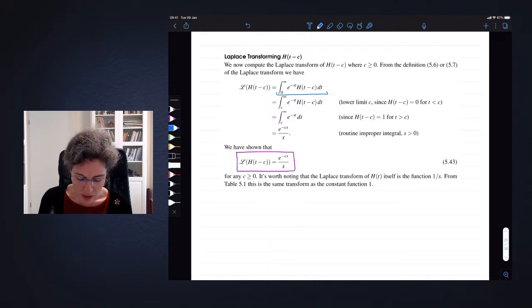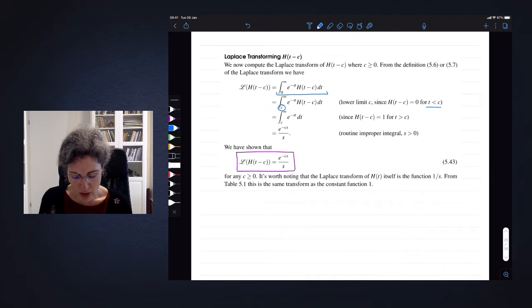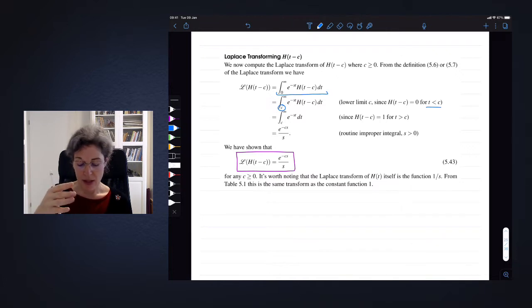The first thing we can notice is that we know that our Heaviside function is going to be 0 for times less than c, because we've shifted it to c, and so anything less than c is going to be 0. So the first thing we can do is we can change our lower limit to c, and that will, so it might be that c is positive, in which case it will kind of reduce the size of our integral, it might make it bigger, but we're only integrating from c.